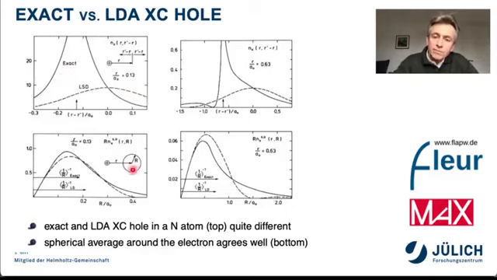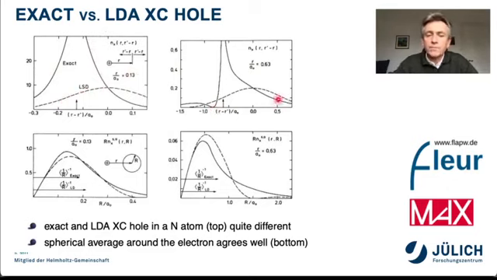And you can see for the nitrogen atom here, the exact exchange density, now we take a certain point here and look along a line for the second coordinate, and this is then at some other point. You see that the exact shape and the local density shape is actually very different.